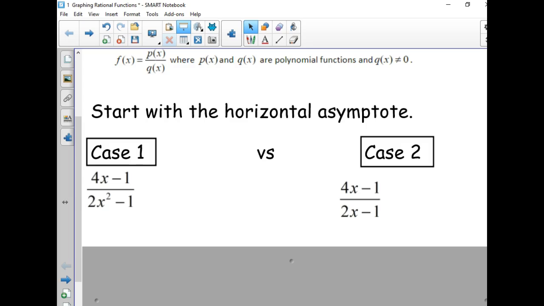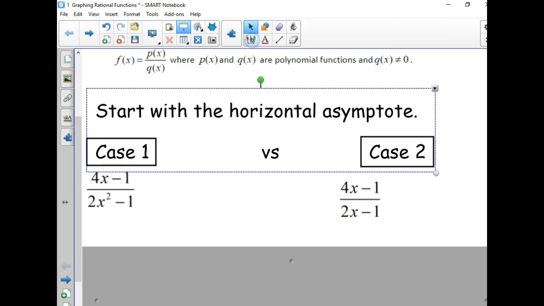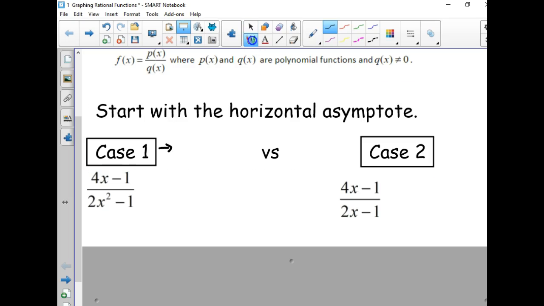The leading coefficient is like what I used to call the line leader. It's the number that goes with the highest exponent. Someone else said it, I think. The degree, very good. Okay, so the different cases here: case one is where you compare the degree. What a nice class you guys are.